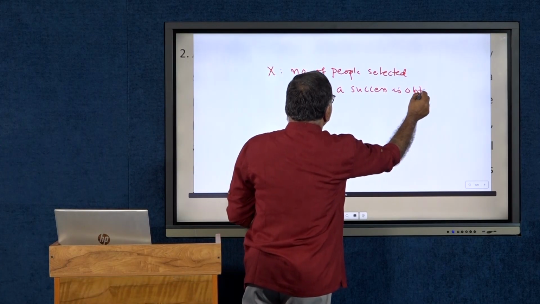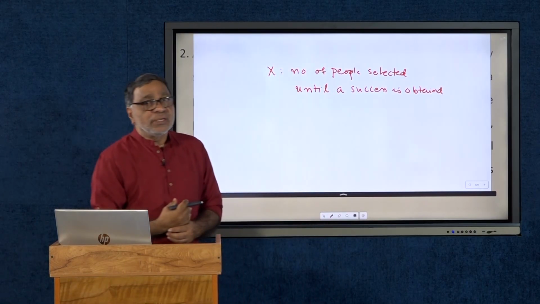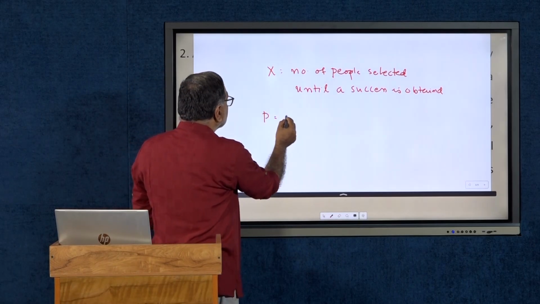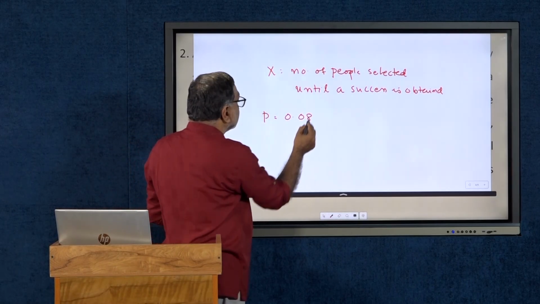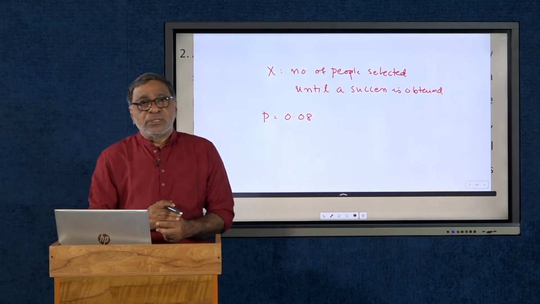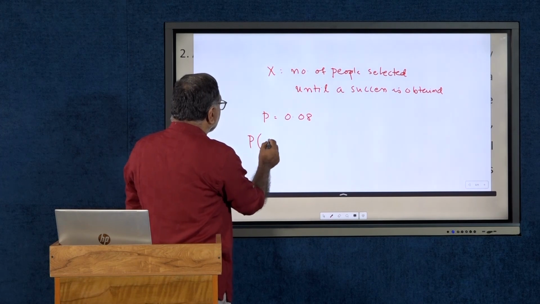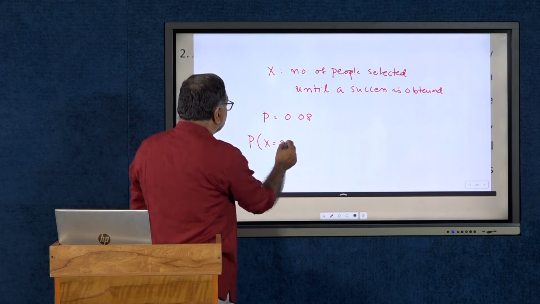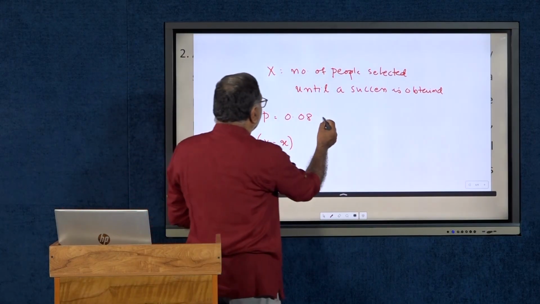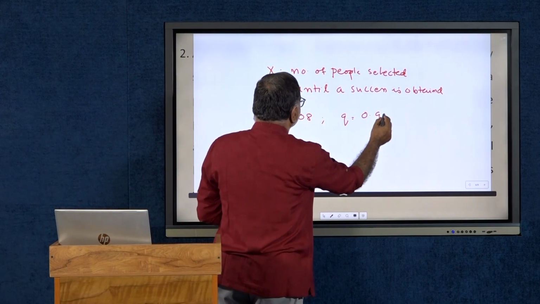What is the meaning of success here? A person having an electrical vehicle, and you are given p is equal to 0.08. So, what is the probability that X is equal to x? That is our probability mass function. Since p is equal to 0.08, q is 0.92.